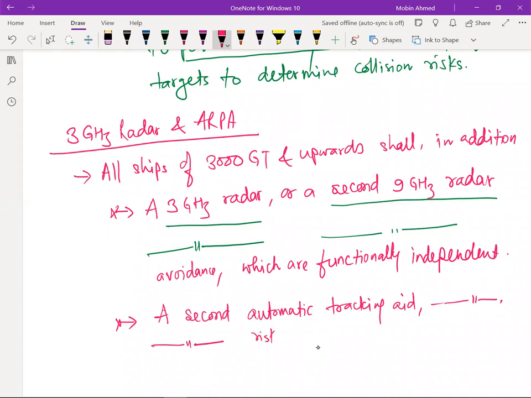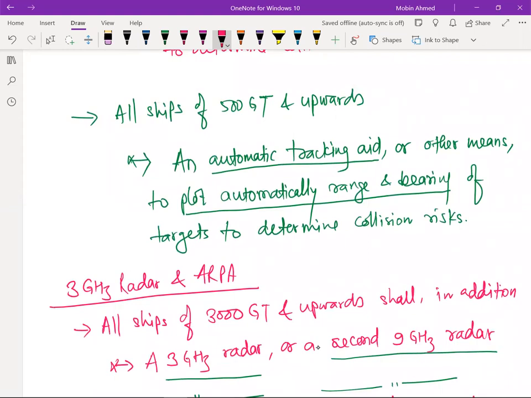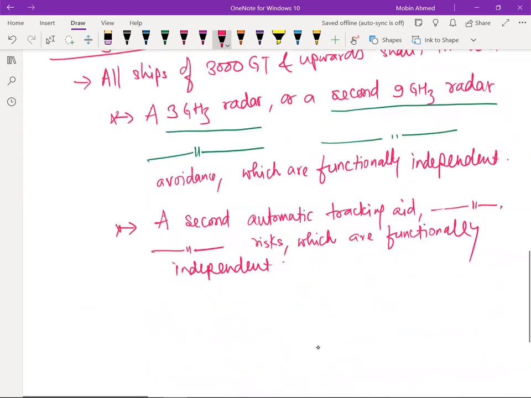Up to risk it is the same, which are functionally independent. Whatever is written here, you can copy directly, up to target to determine collision risk, and thereafter, which are functionally independent. So this is about the 3 gigahertz radar or a second 9 gigahertz radar.